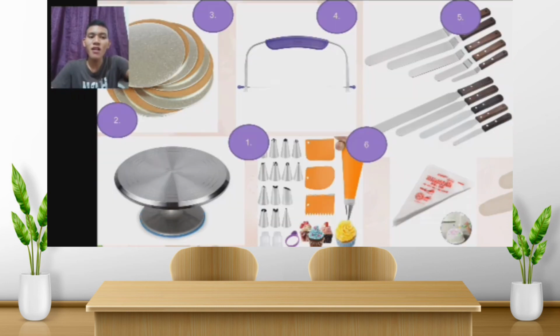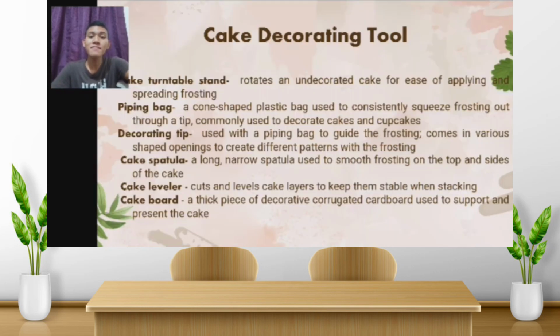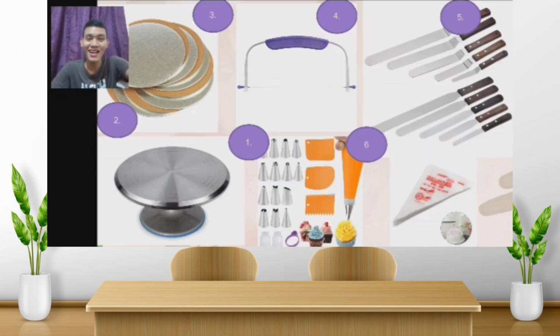Okay, so these are the physical appearances, class. Number 1, that is a cake stand. Number 2, that is a cake board, not cardboard. Number 3, that is a cake leveler.